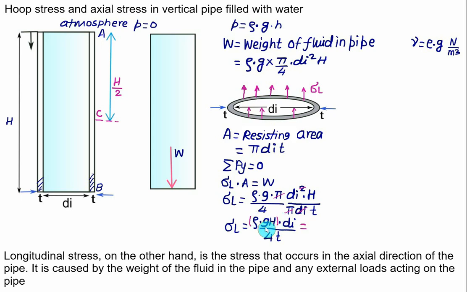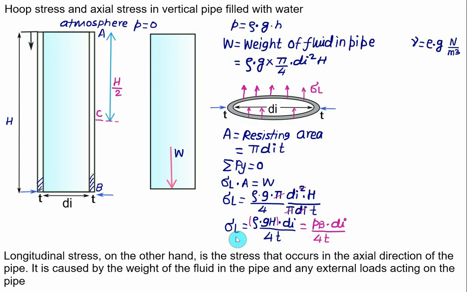The product of rho g H is the pressure at point B. So we have pressure at point B multiplied by d_i divided by 4 times T, the same formula that we used in the case of a thin vessel also.